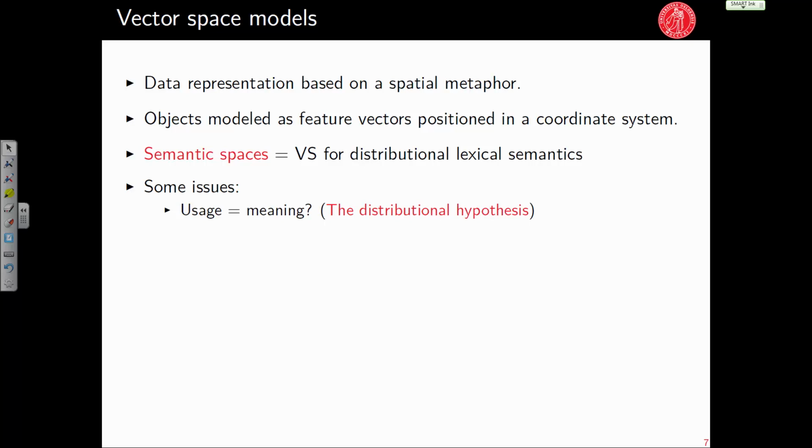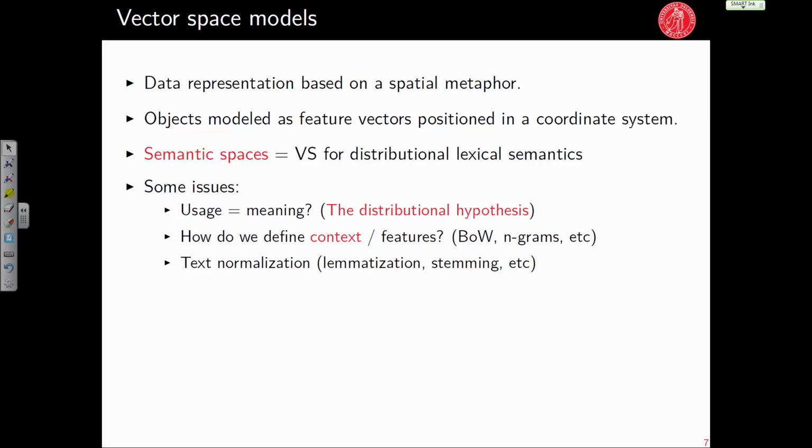So if two words have similar context, they are expected to have similar meanings. We looked at different ways of how to define the context or the feature: bag of words, n-grams, grammatically motivated features, or n-grams based on grammatical relations.